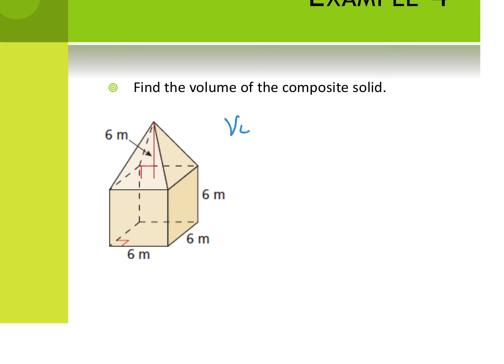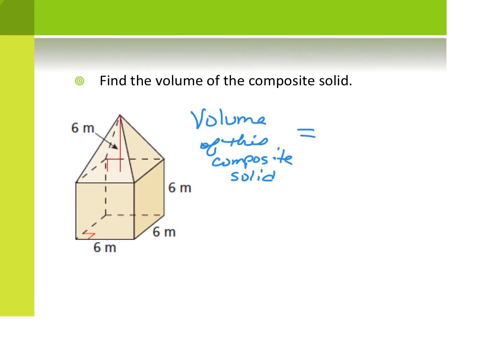So to find the volume of this composite solid, because every composite solid is going to be different depending on its makeup, but this one, we're going to find the volume of the cube bottom and add that to the volume of the pyramid top.